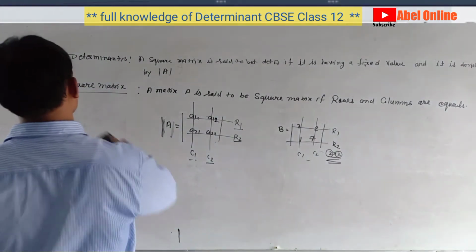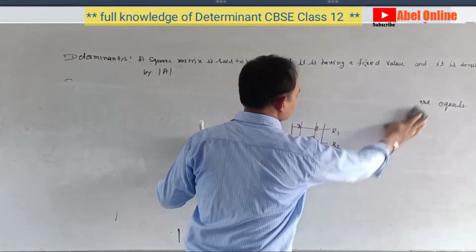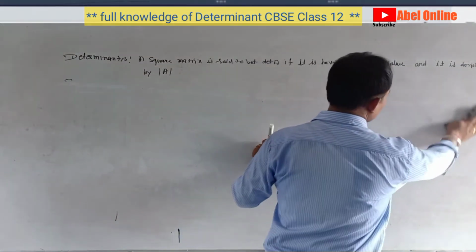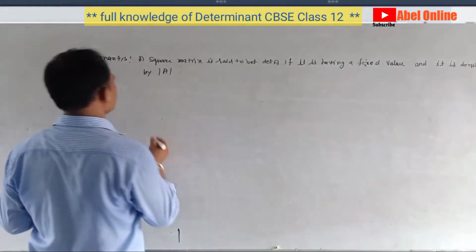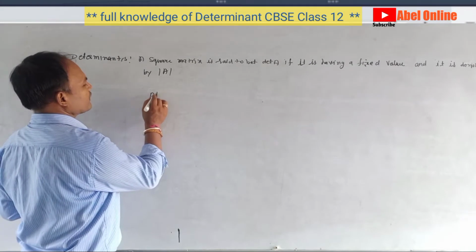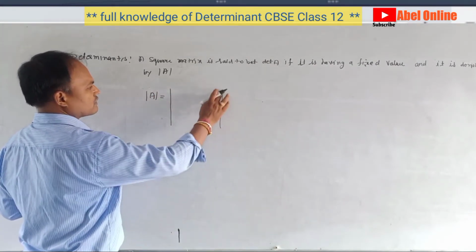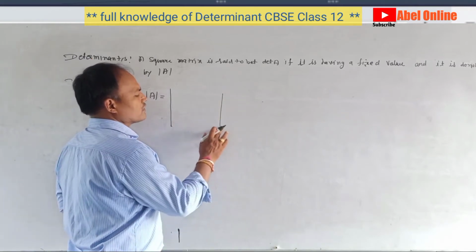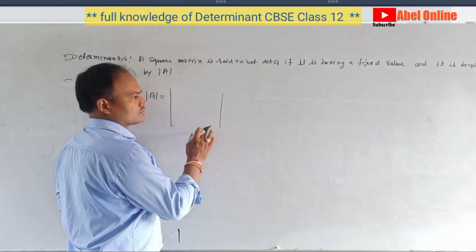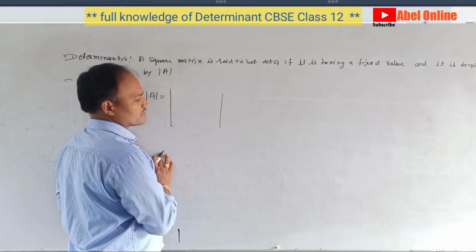It is very simple. When we are talking about the determinant of order 1, determinant of A is denoted by this sign. Always remember that this is not the modulus function.